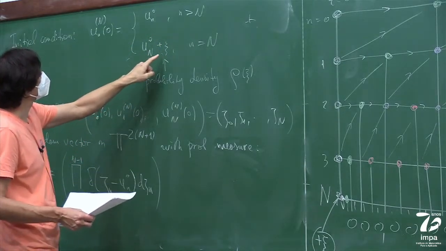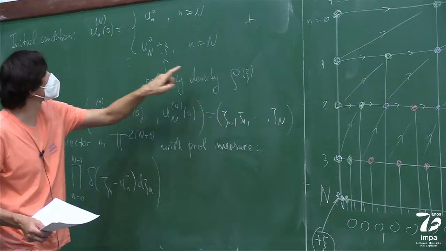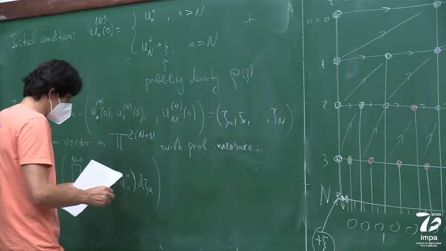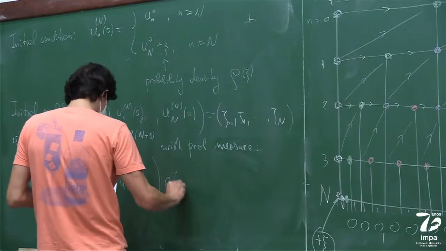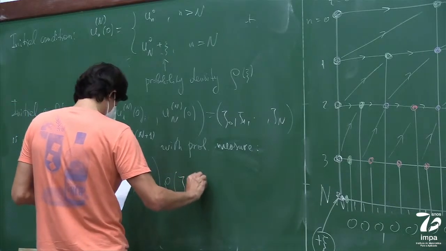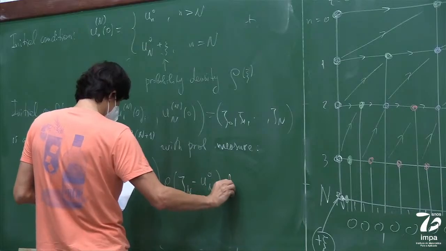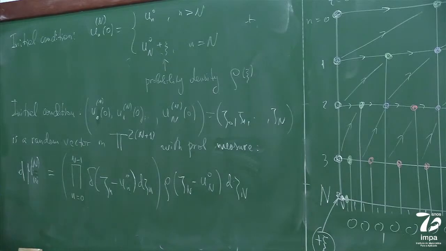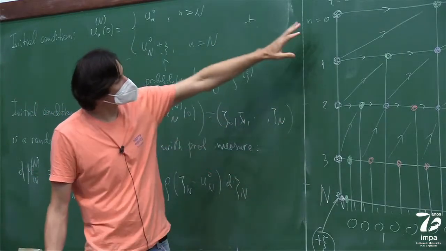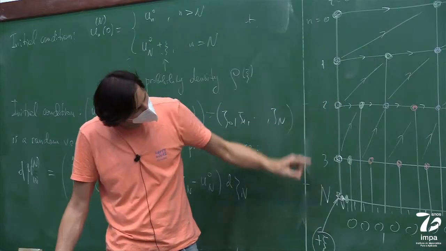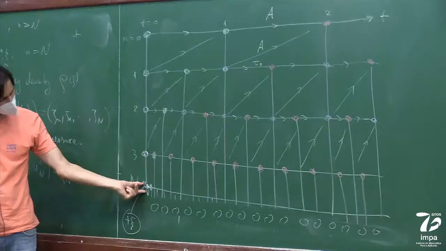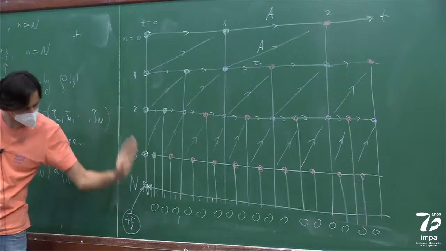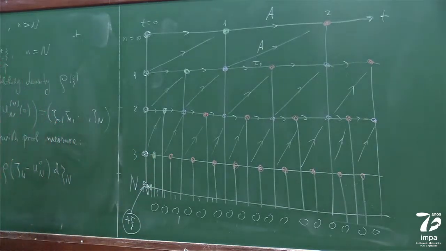What you do is take this density but shift it to this value. So this gives you rho(zeta_N minus u_N(0)) d zeta_N. So that's the initial condition now. The formal initial condition for our problem is this. It's a measure which is exactly the deterministic initial values except for the random kick here. And when N goes to infinity, it disappears.